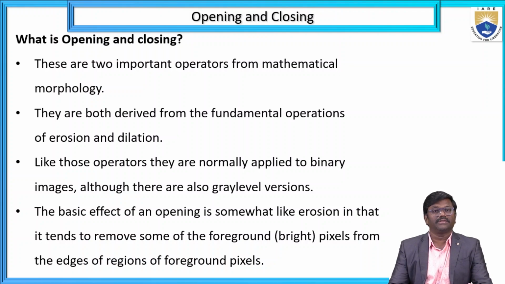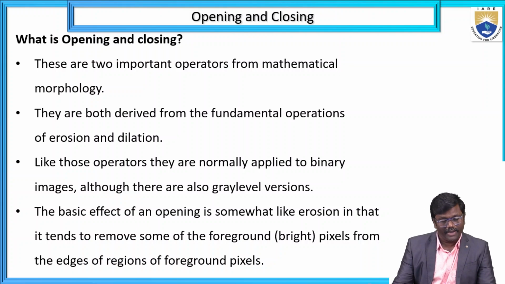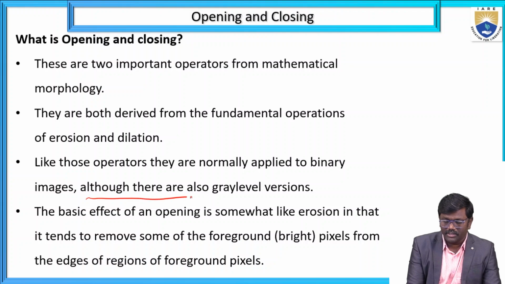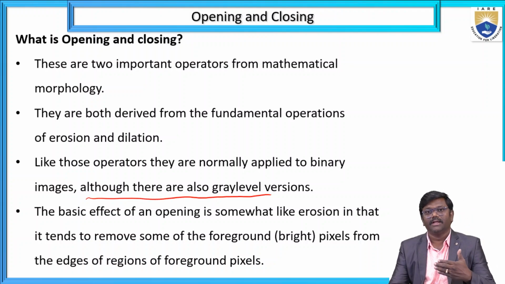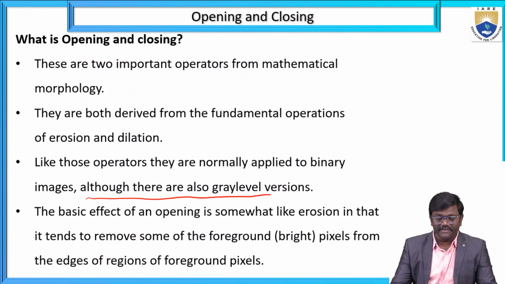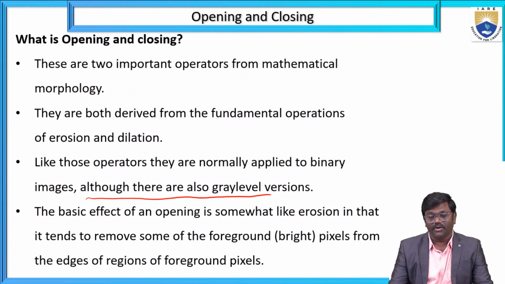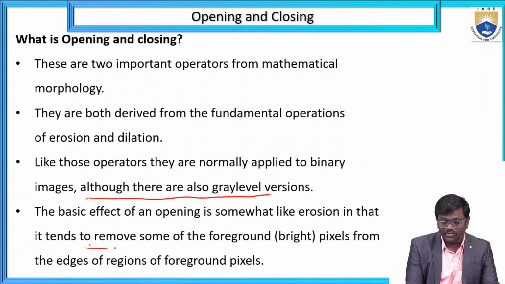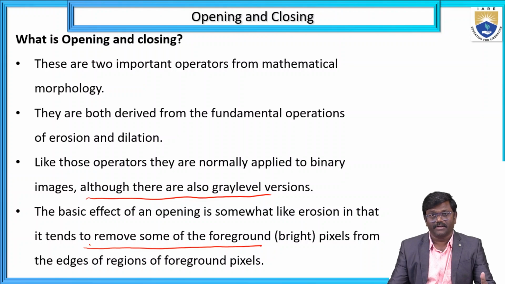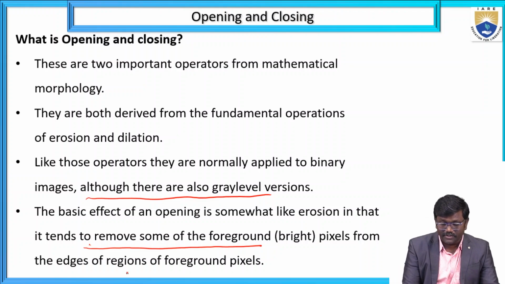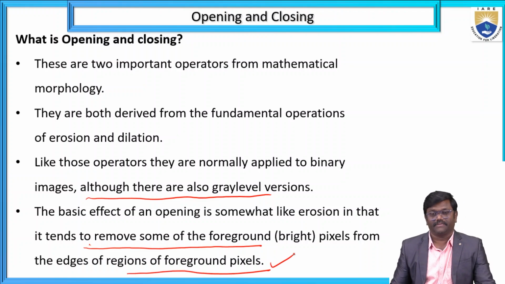These operators are normally applied to binary images, although there are also gray level versions. The basic effect of opening is somewhat like erosion in that it tends to remove some of the foreground, that is bright pixels, from the edges of regions of foreground pixels.